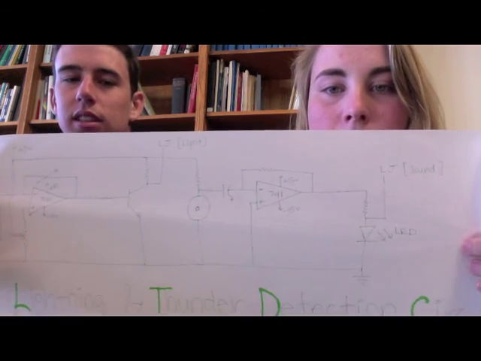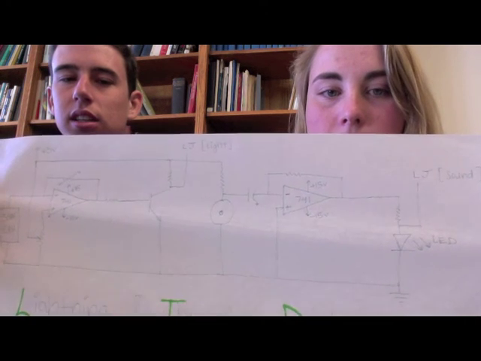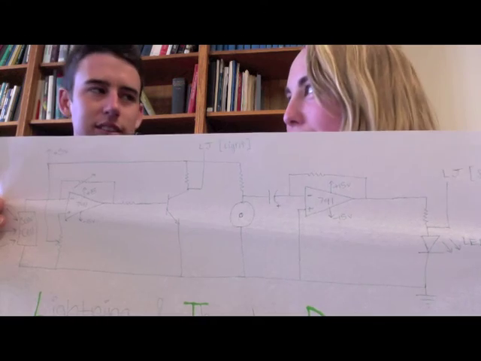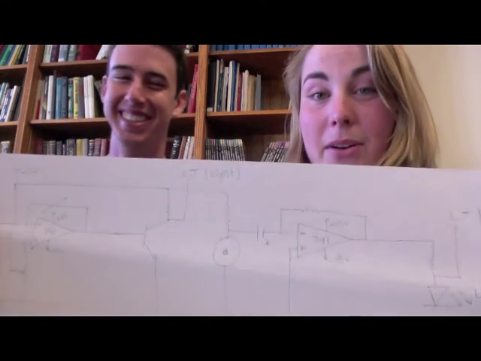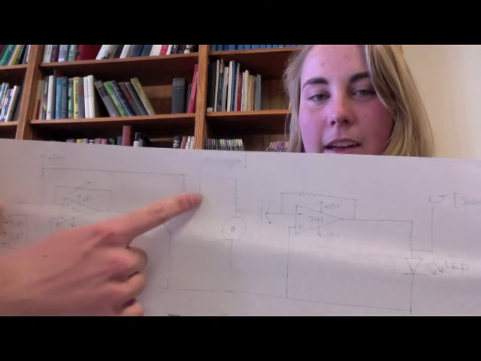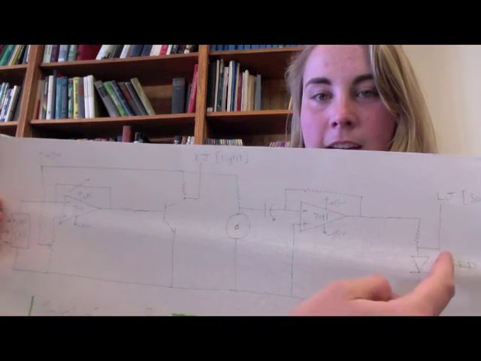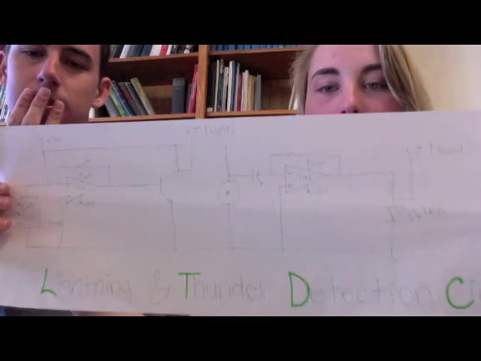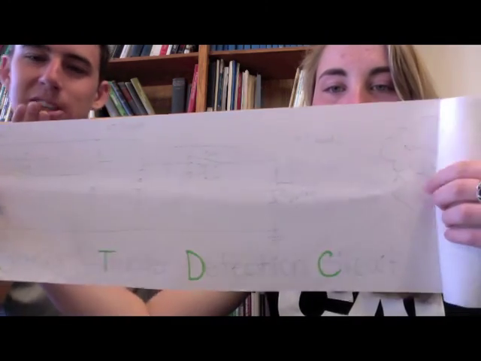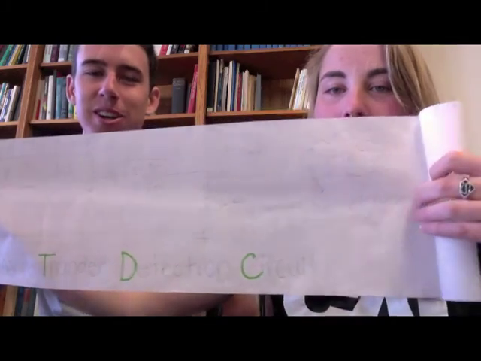Both components of this circuit are being inputted into the lab jack, inputted into the computer. And you can see we got the lab jack here. That is for the lightning, and that's for the thunder. It's a lightning and thunder detection circuit for our thunderstorm.